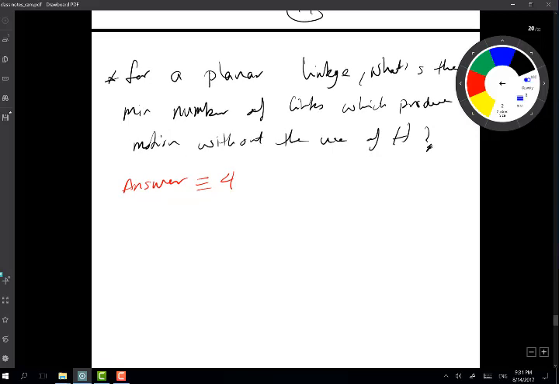Before we get to the answer, I just want to say that if someone says, I have this linkage, no, it's not a linkage because it has 1, 2, 3 links. It doesn't have a higher pair, just all lower pairs and links. So that's a structure. I can use it to suspend something, to have some mass hanging or whatever like that.